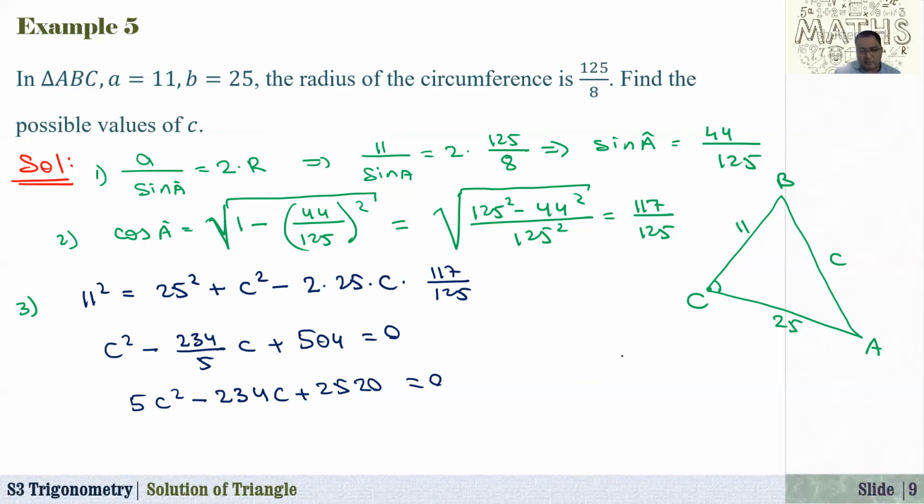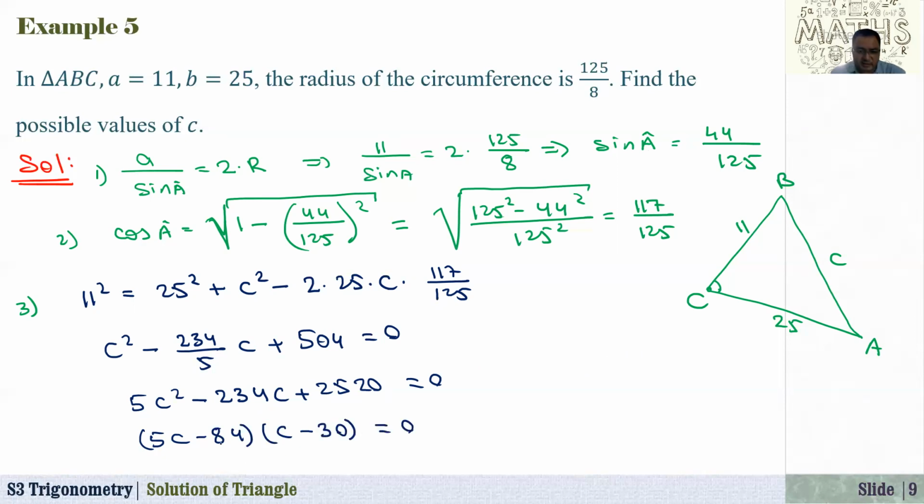Okay, now there's a quadratic equation. We have to solve this. How do you solve this? Maybe by factorization. If you factorize, we can write it as 5C minus 84, and here we have C minus 30, that's equal to 0.